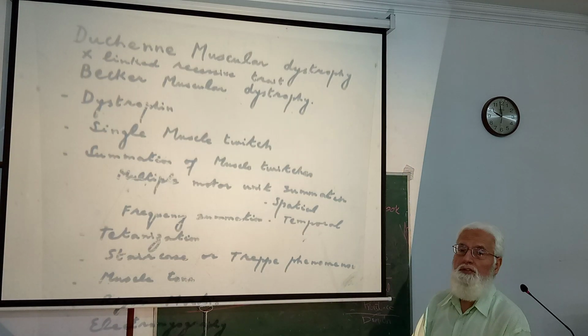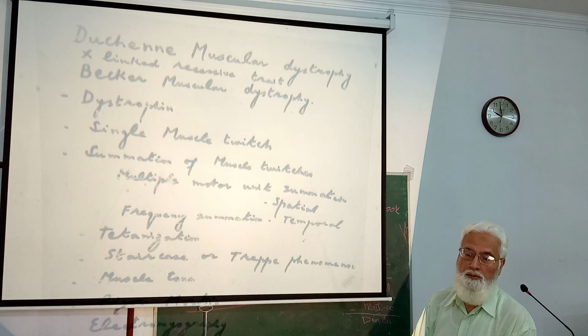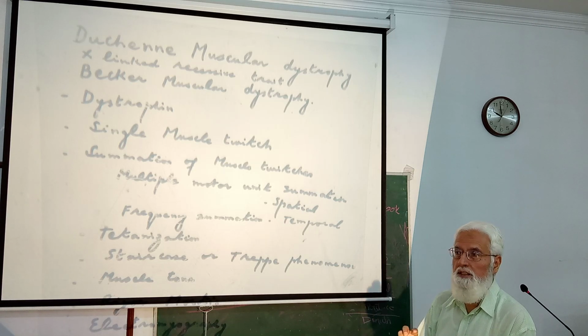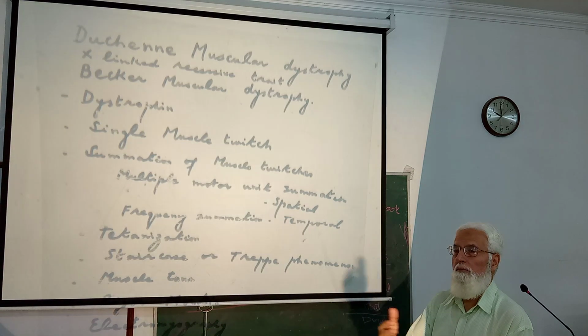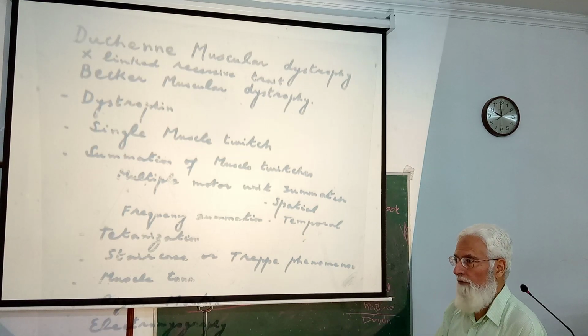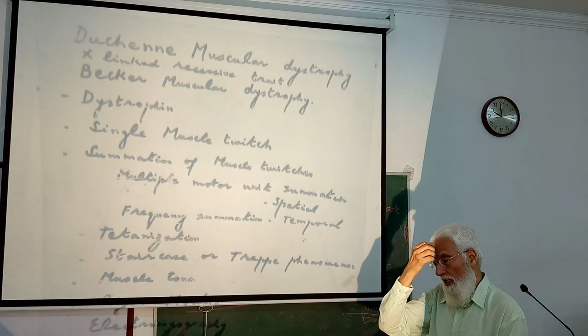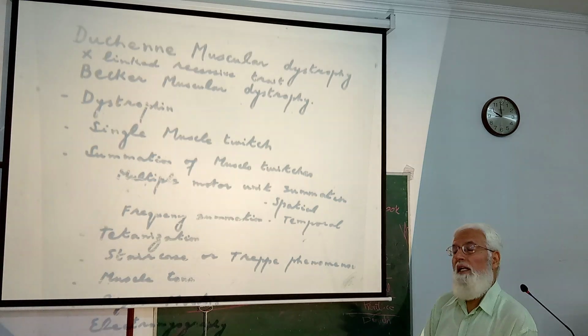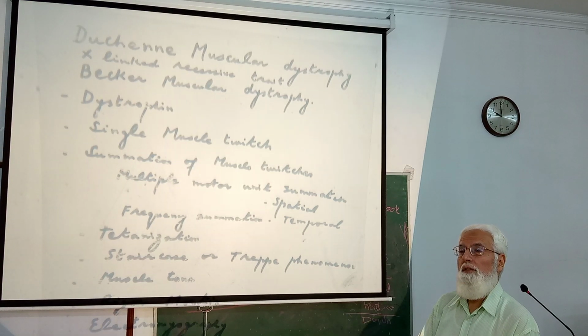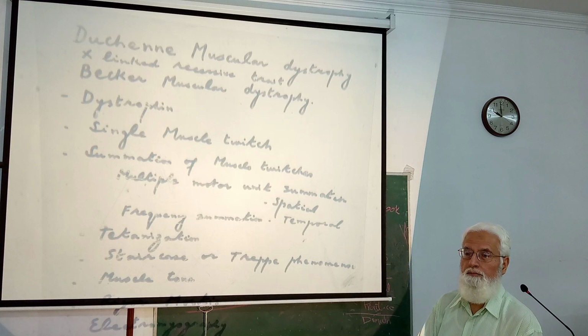The disease starts in early childhood, say the age of 5 to 10 years. And then at the age of 12 years, the patient is on wheelchair.